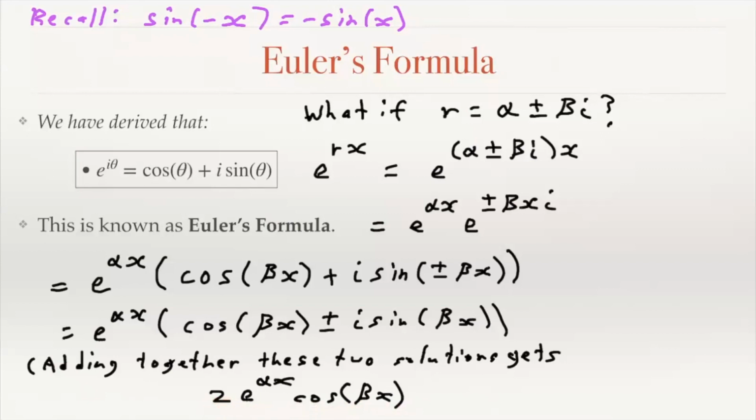Do you see how adding them together would get that? We have cosine plus i sine and cosine minus i sine. So adding them together, the i sines cancel out, and then we have two cosines. So we end up with 2 e to the alpha x cosine beta x, because the plus i sine and minus i sine cancel out when you add the two solutions together. And similarly, we can isolate the e to the alpha x sine beta part, scale it by i, and get the other solution.